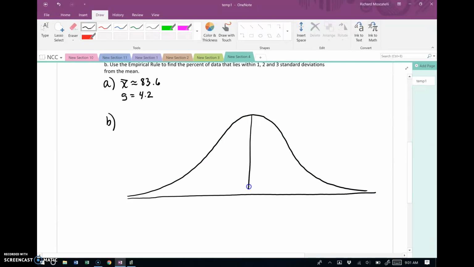We're going to put the mean in the middle, that's 83.6. The standard deviation I'll put up top, which is about 4.2.